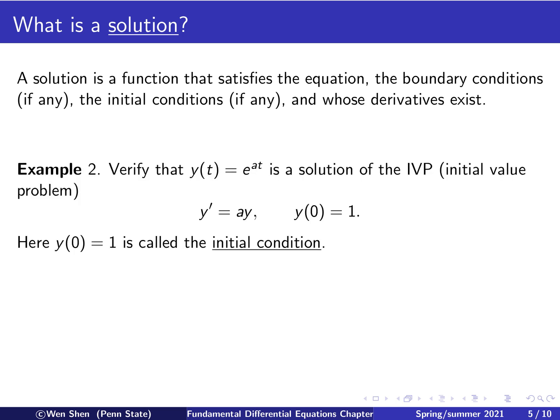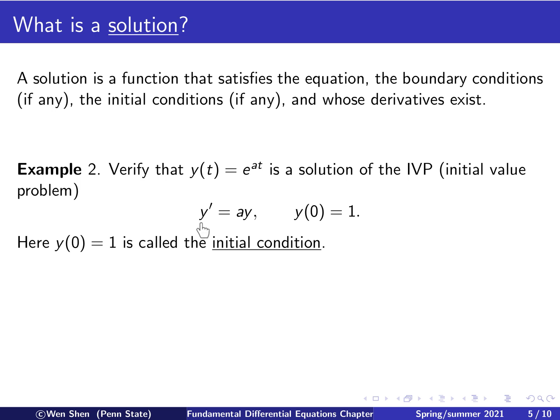We can practice our understanding of that through some examples. At least by this definition, we can verify that a given function is a solution. Okay? So we want to verify here this function, the exponential function, y is e to the at, to show that it's a solution of the, this is another acronym, initial value problem, IVP.